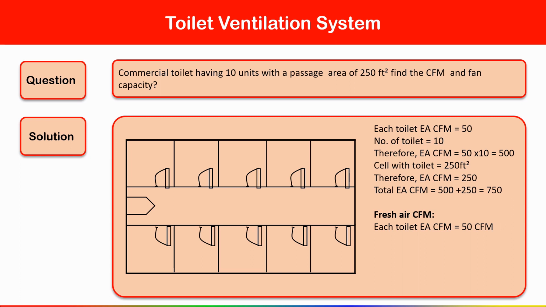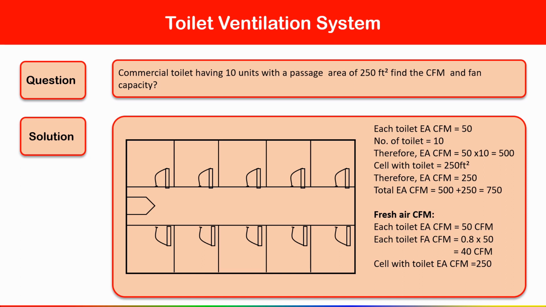So how to calculate? 70-80% of this 50 CFM is how much? You will finally get 40 CFM. It means for each and every toilet we have to supply 40 CFM of fresh air, to improve the indoor air quality.